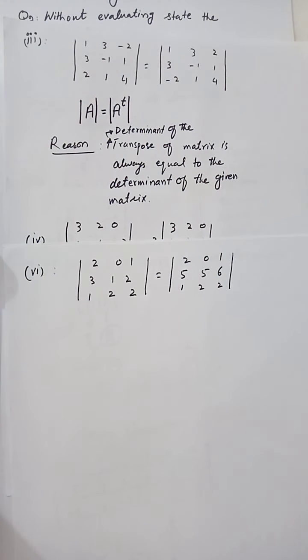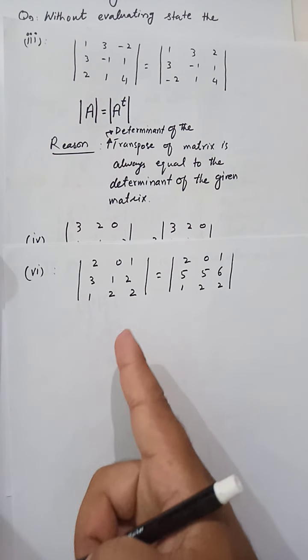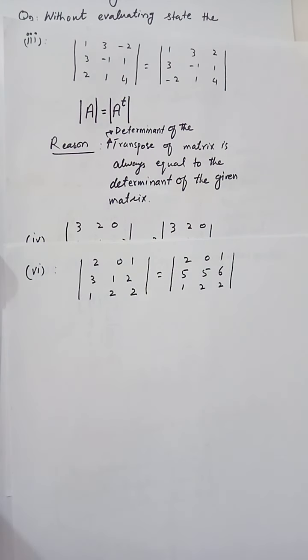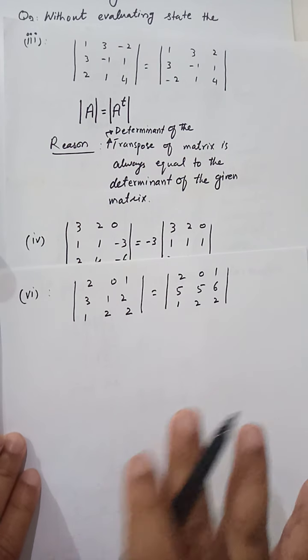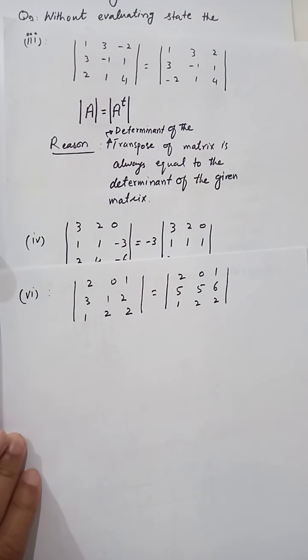You need to give a reason why both these determinants are equal, without evaluating. You don't need to expand the determinants with cofactors and minors. You just need to give a reason by mentioning one of the properties.